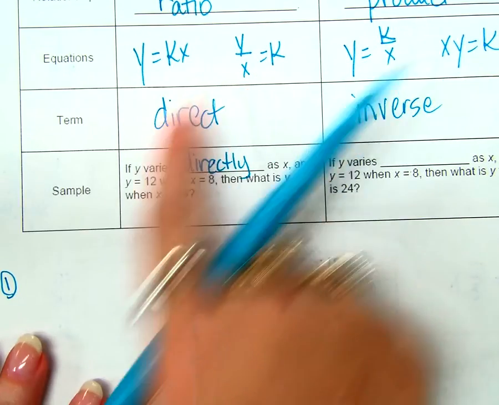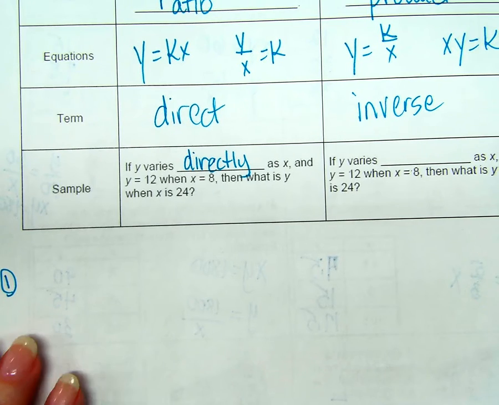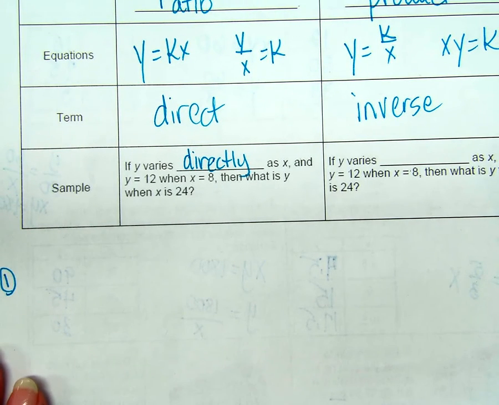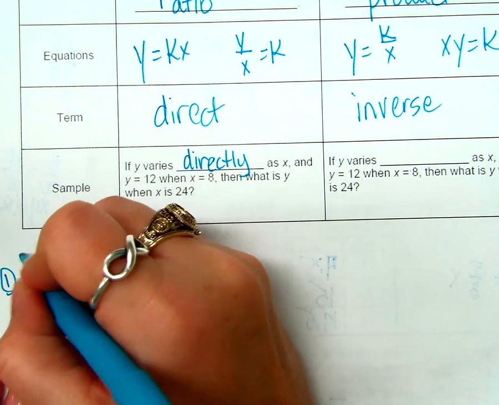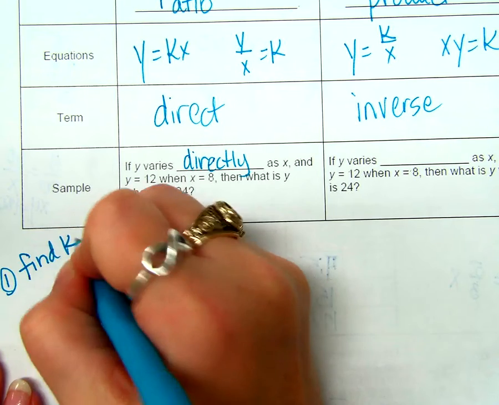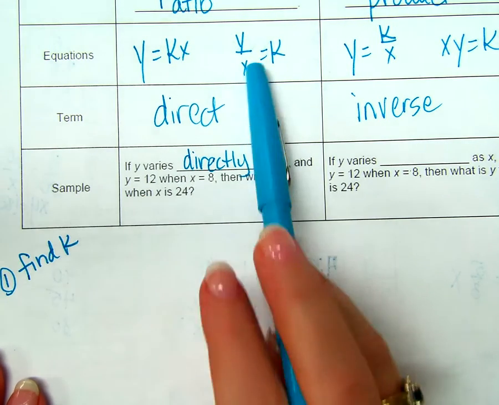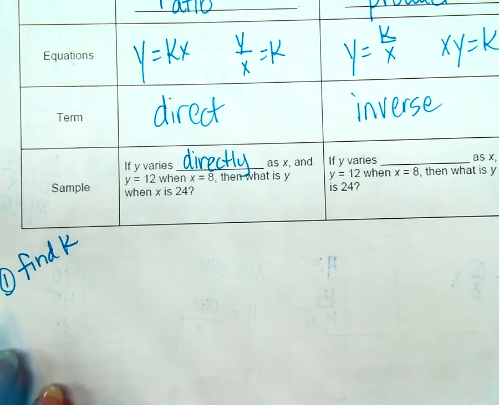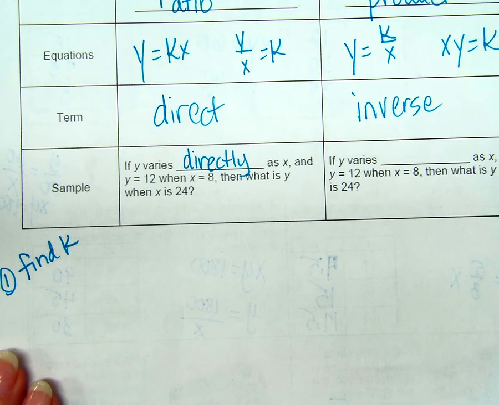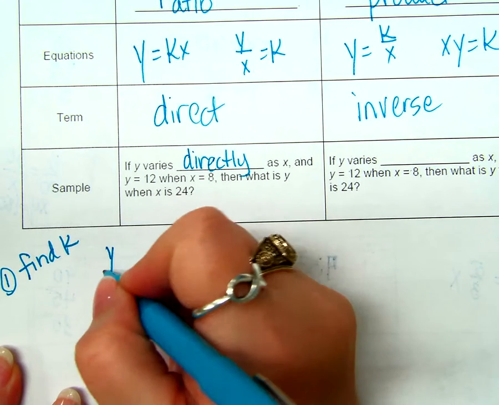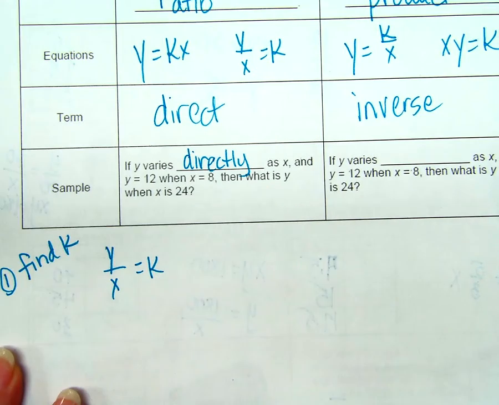Okay, so the very first thing we need to do, looking at the equations we have to use, of these equations, what don't we know? We don't know k. The first thing we need to do is find k. If I'm going to find k, which one of these two things do you think I might use? Again, same equation, solved for a different variable. We probably need to use y over x equals k, right?